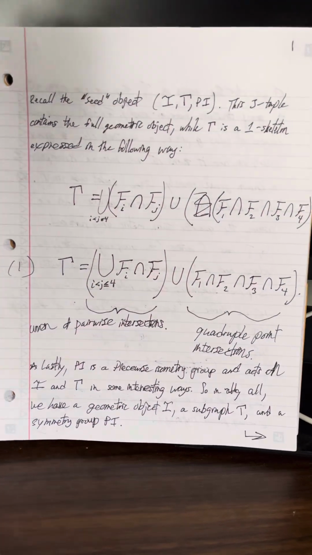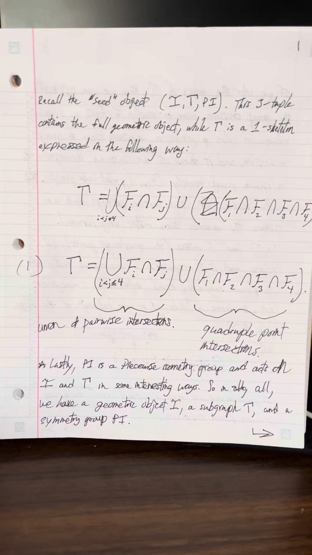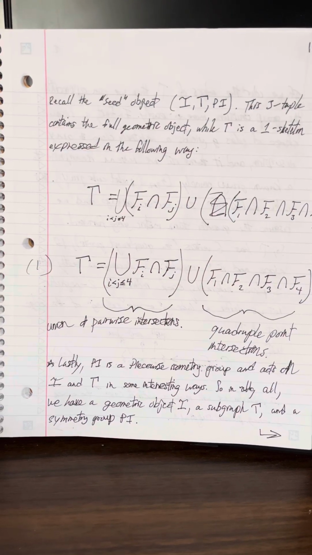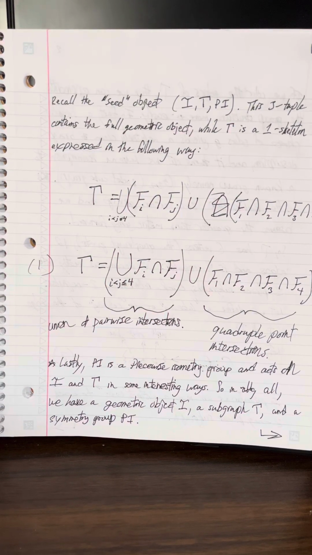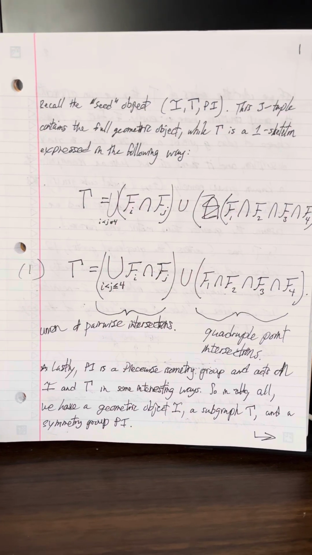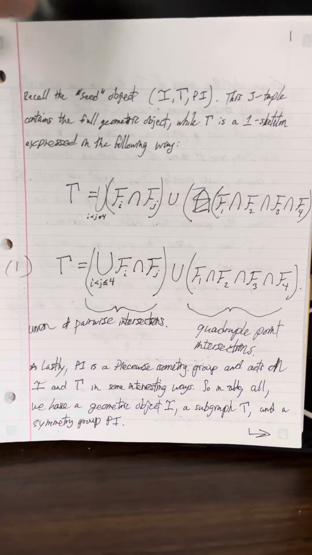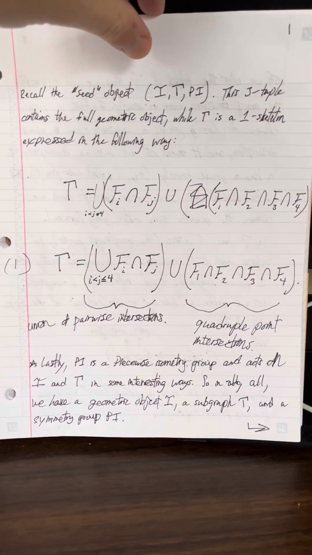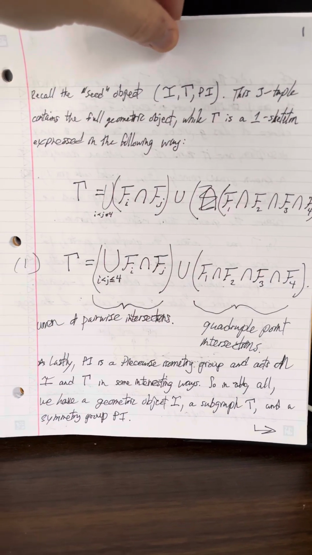So yeah, the piecewise isometry group acts on the geometric structure and does some interesting things, especially at the gamma set. All in all, we have a geometric object, a subgraph, and a symmetry group.